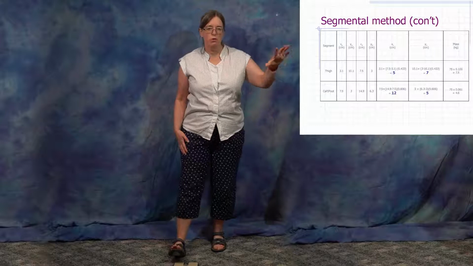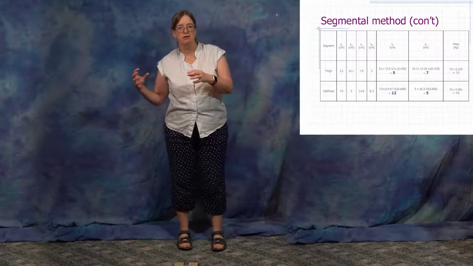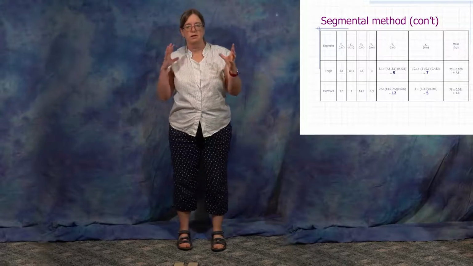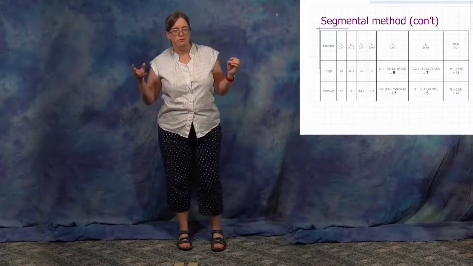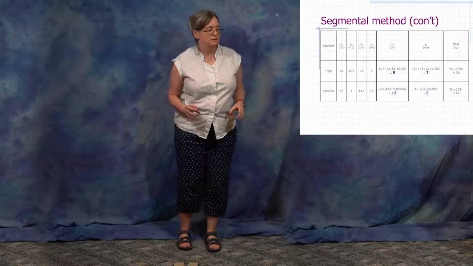Look at that slide and make sure you know where each of those numbers are coming from so that you can understand what that center of gravity of the segment is.